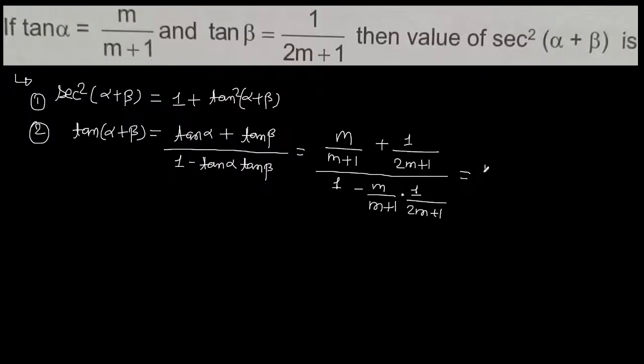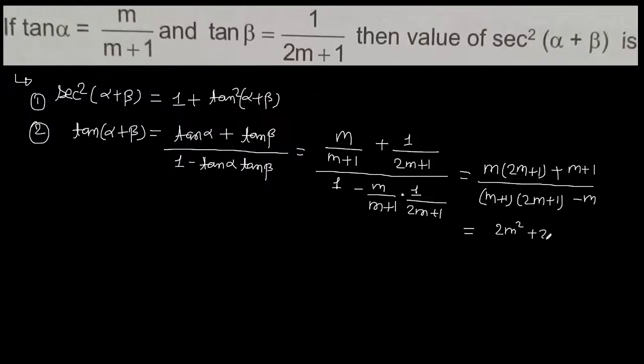We'll solve it taking LCM. m into 2m plus 1 plus m plus 1 upon m plus 1 into 2m plus 1 minus m. Further solving, 2m square plus m plus 2m plus 1 minus m.